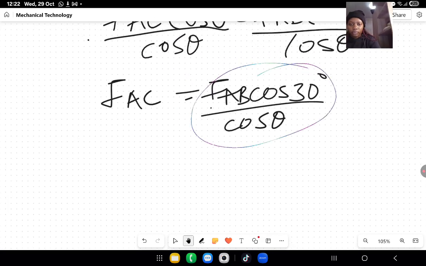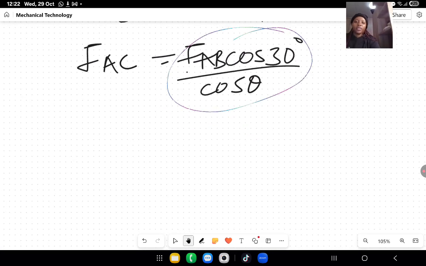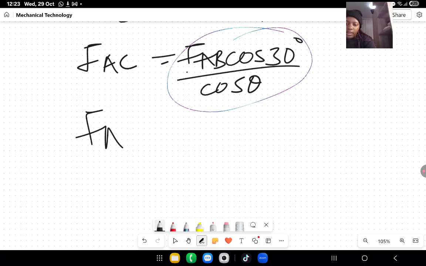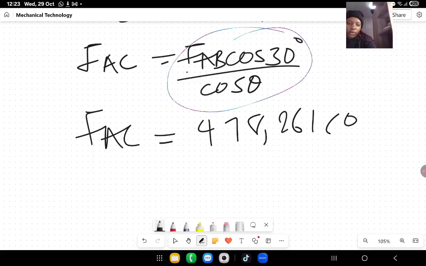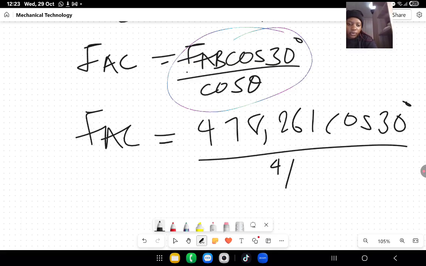Since we have our FAB, this means we can get our FAC. So where we see FAB, we substitute with the answer that we got. FAC equals FAB, 478.261, cos 30 degrees over cos theta, which is 4/5.